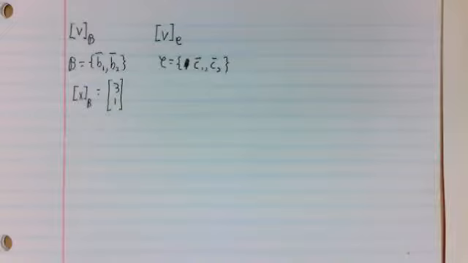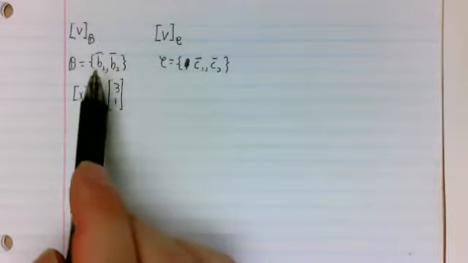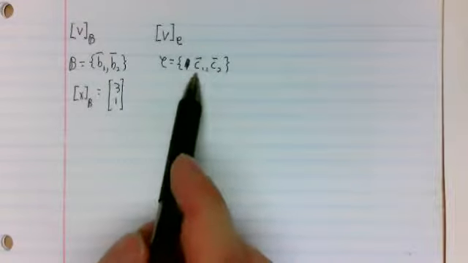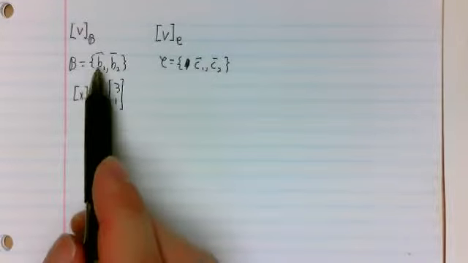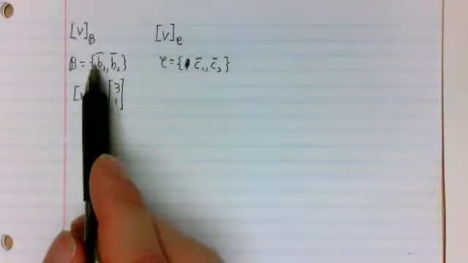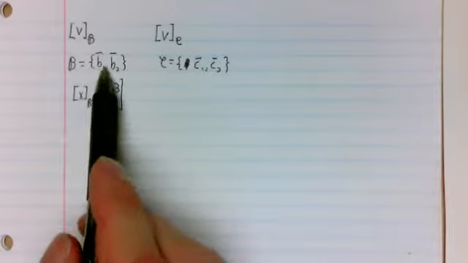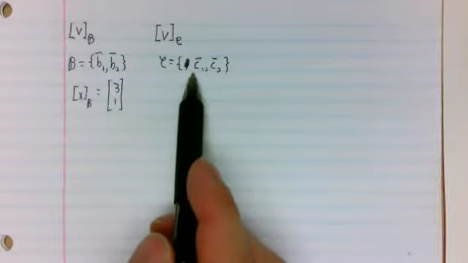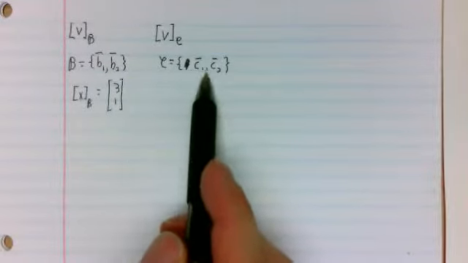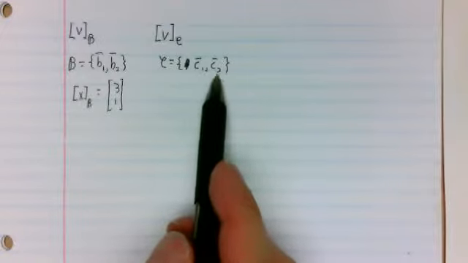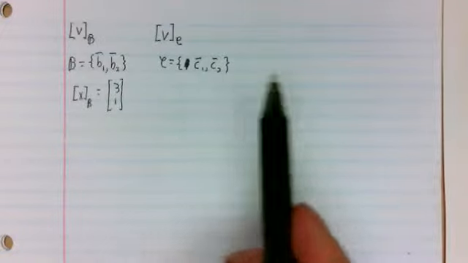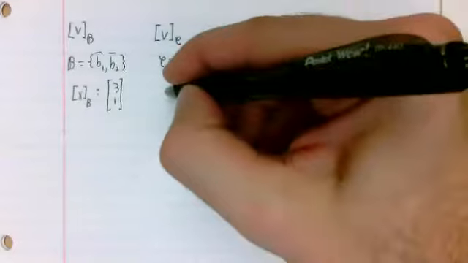Let's say we have some relationship between these basis vectors. So b1 is a basis vector. As such, it is a vector, and it's therefore a linear combination of these basis vectors.